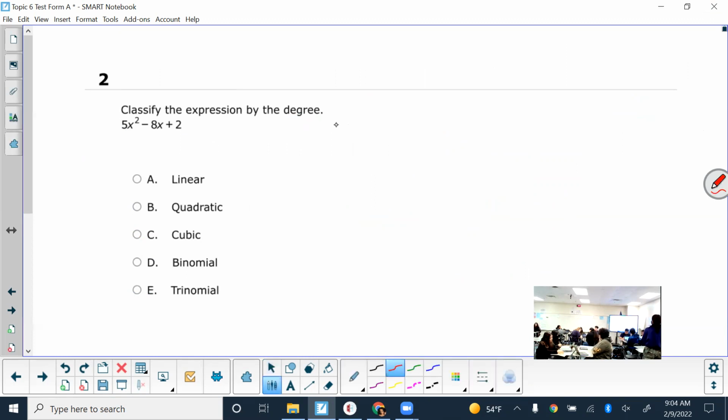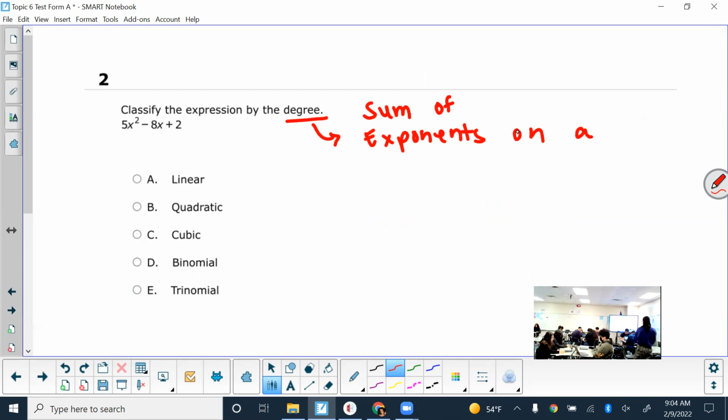What does degree mean? So it means we're talking about exponents. And what we're really talking about is the sum of exponents on a term. So you'll look at each term individually and you'll name the degree for each term first.